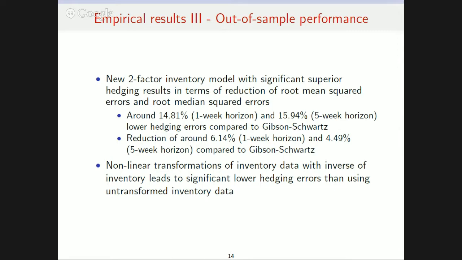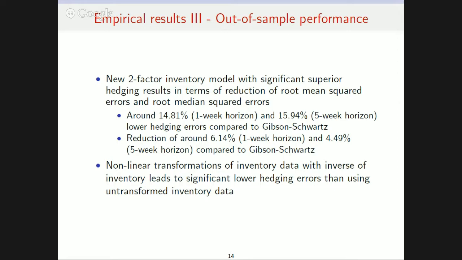When we calculate the hedge ratios with our model and then look 1 week and 5 weeks into the future and see how that hedge portfolio changes in value, we see that the hedging error can be reduced using our model compared to the Gibson and Schwartz model.